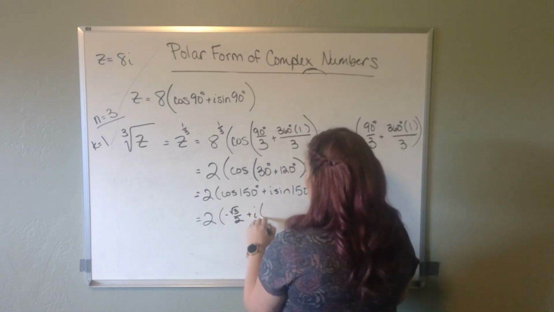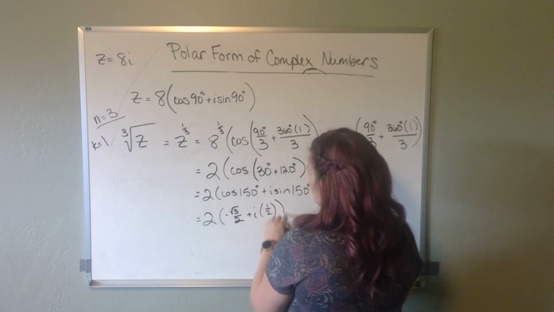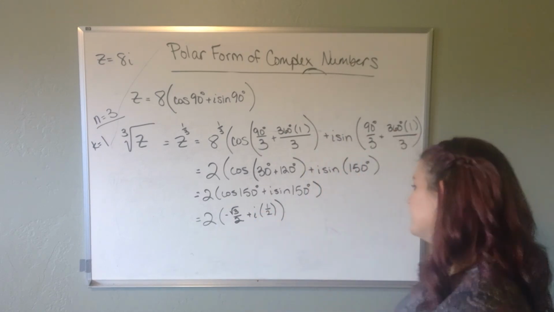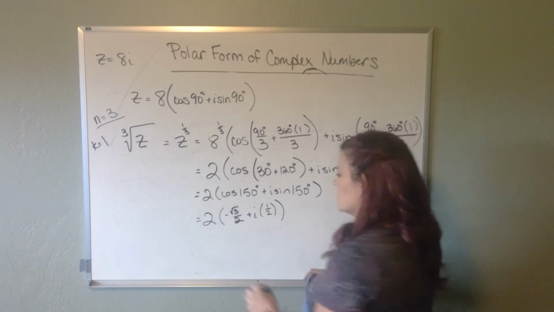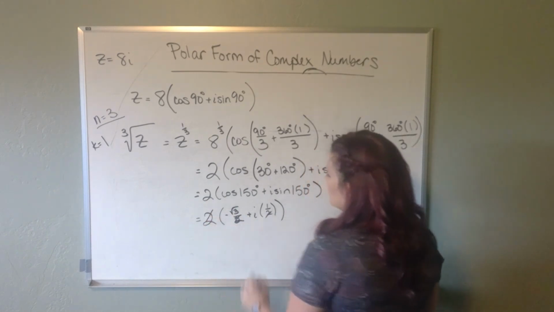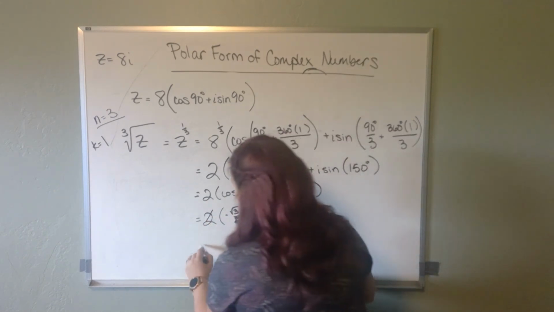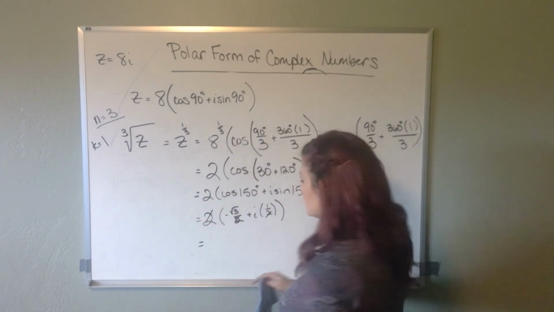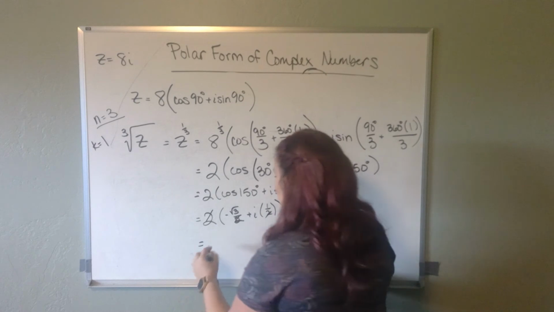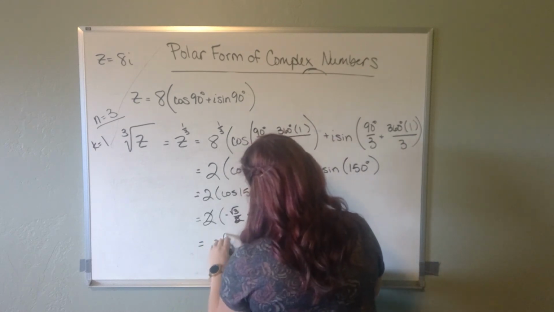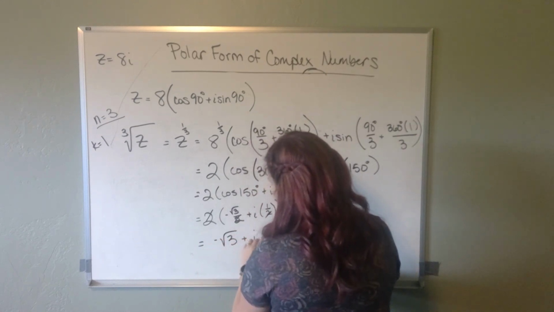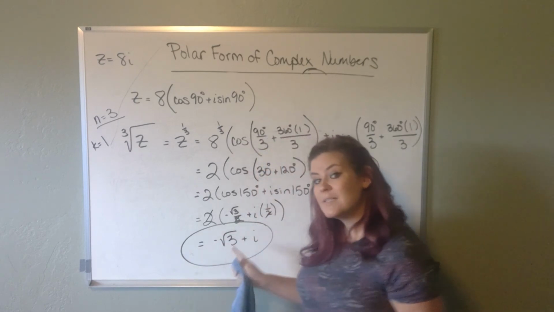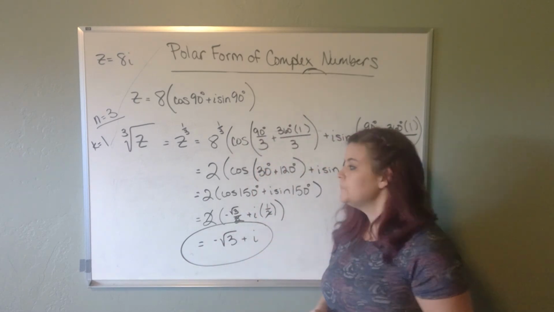Sine is positive in the second quadrant, so it's 1/2 again. So work this out. Again, your 2's are canceling, and you get your second cubed root, however you want to say that. You end up with negative root 3 plus I. So similar but different. This is a different root.